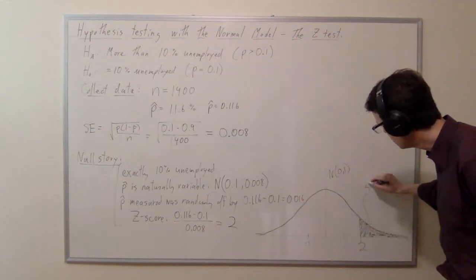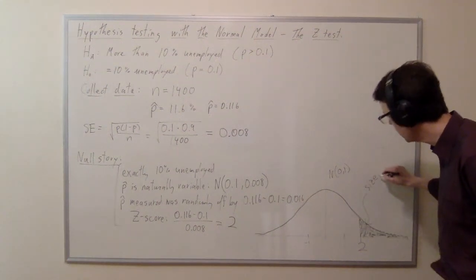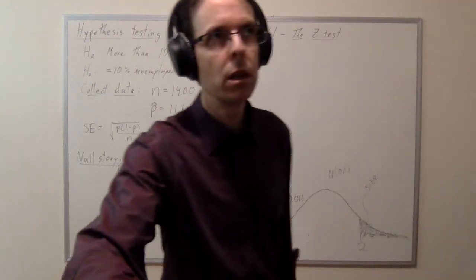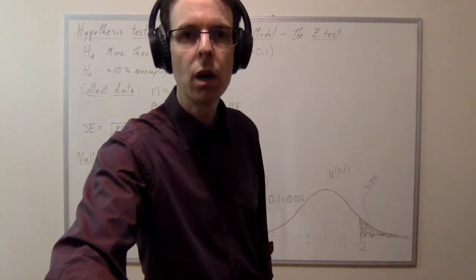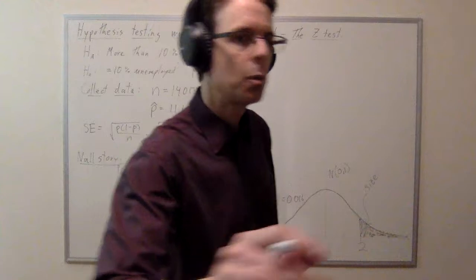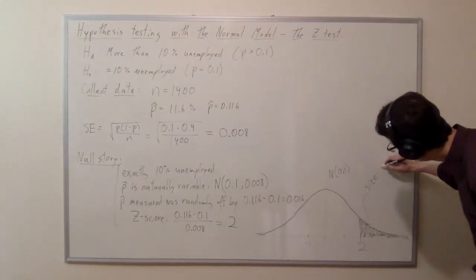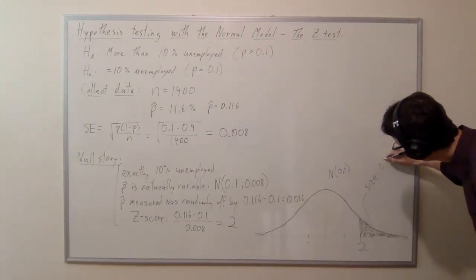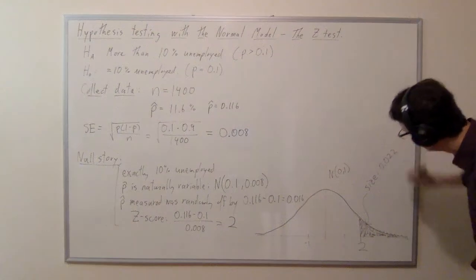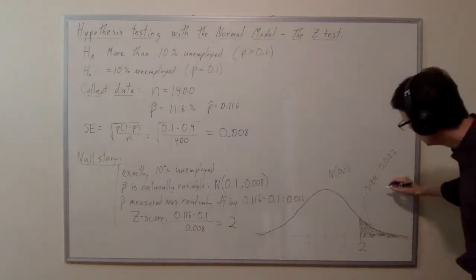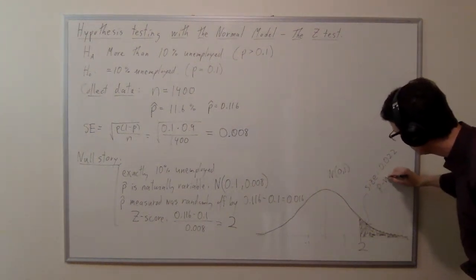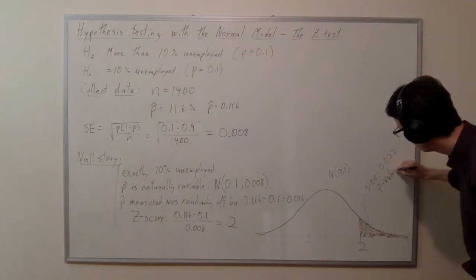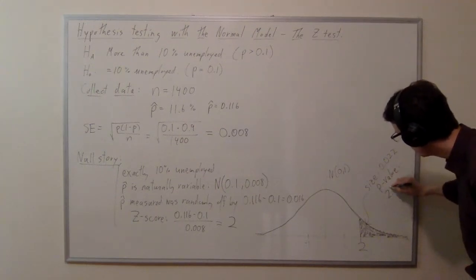So the size of this right tail is going to be about 2.2%, so 0.022, which is actually our p-value. So the p-value here is 2.2%.